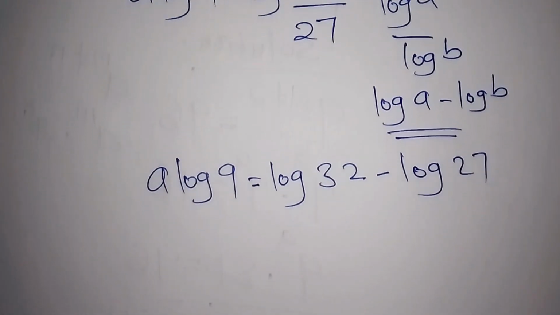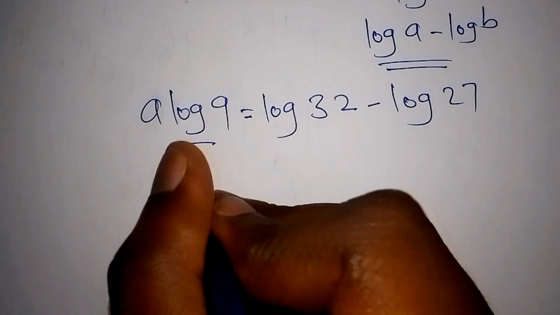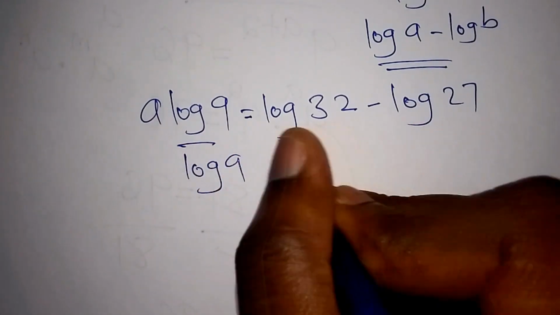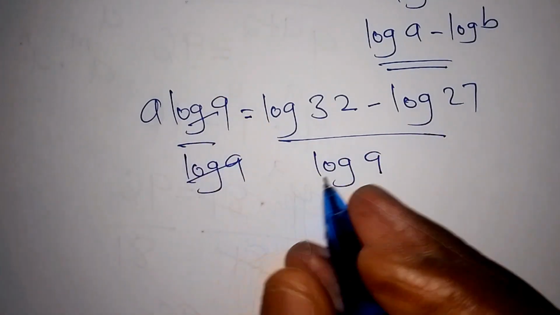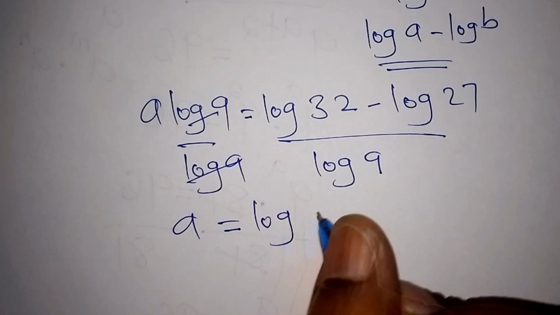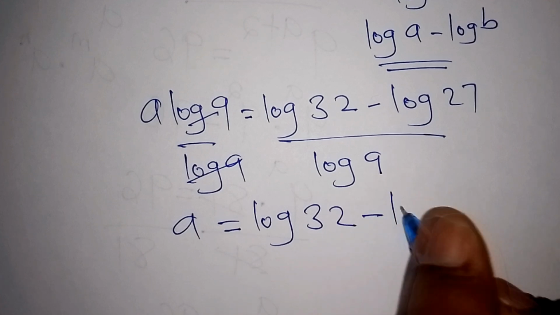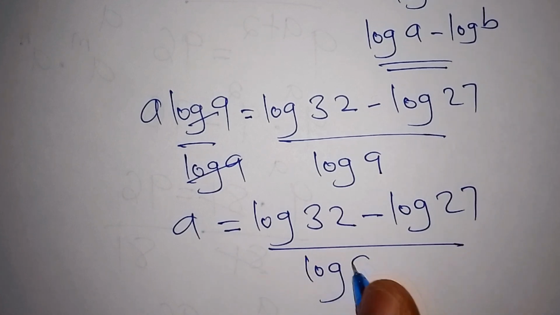Our next step is to divide both sides by the log of 9. So log 9 and log 9 shall cancel. Now our a shall be equal to the log of 32 minus the log of 27 all over the log of 9.